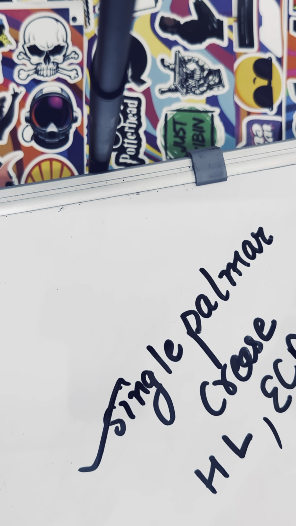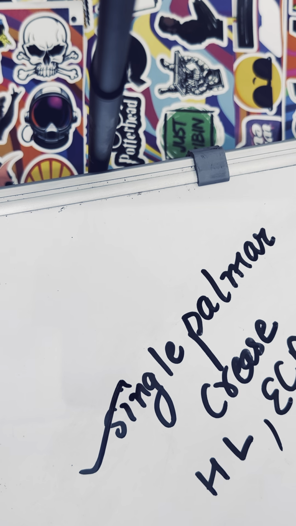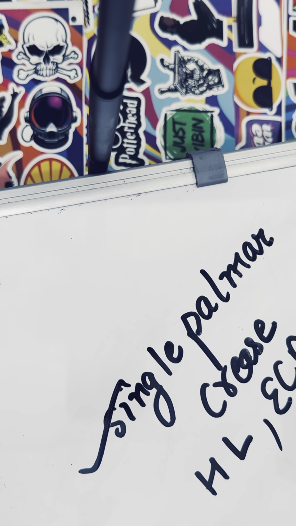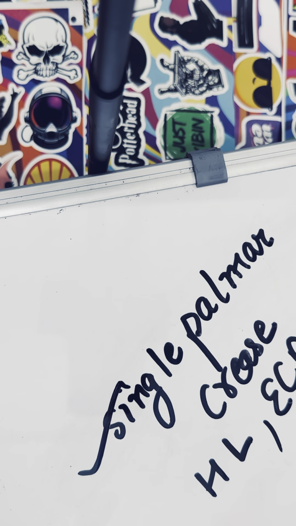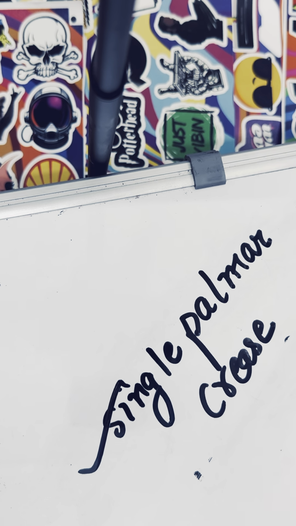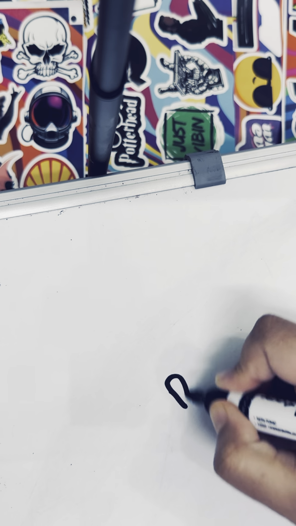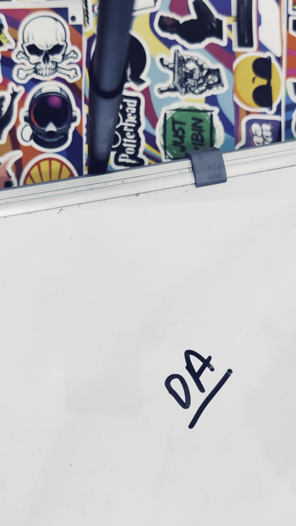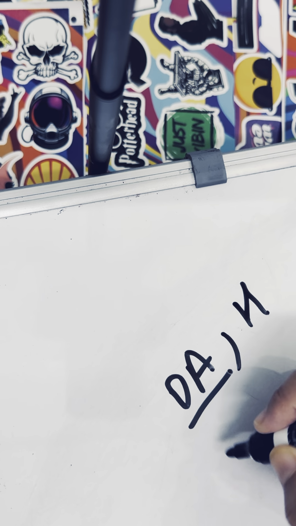And then we can say VSD, that is ventricular septal defect. And then it can be PDA, that is patent ductus arteriosus. And in GI, what's seen is duodenal atresia, very important, Hirschsprung disease, and atlantoaxial instability can be seen.